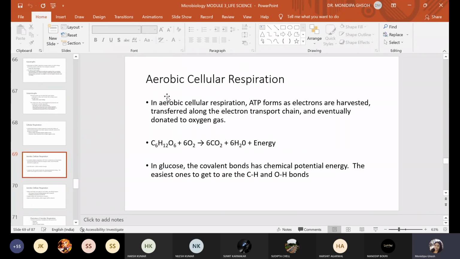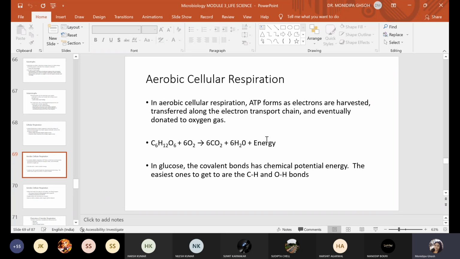Now, in case of aerobic cellular respiration, if you follow these reactions, it will be really easily understandable. In glucose metabolism, after respiration, what happens? A 6-carbon glucose in presence of 6 molecules of oxygen produces 6 molecules of carbon dioxide and 6 molecules of water, and the ATP or energy is the byproduct.